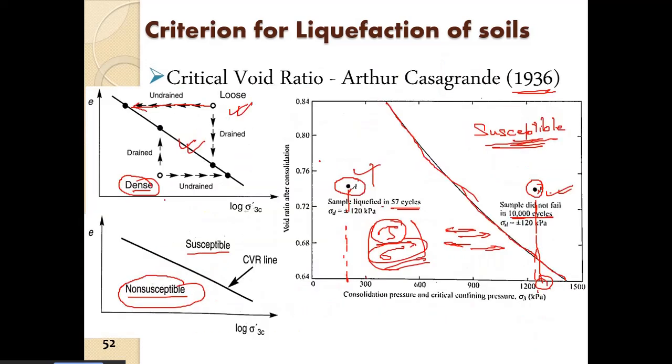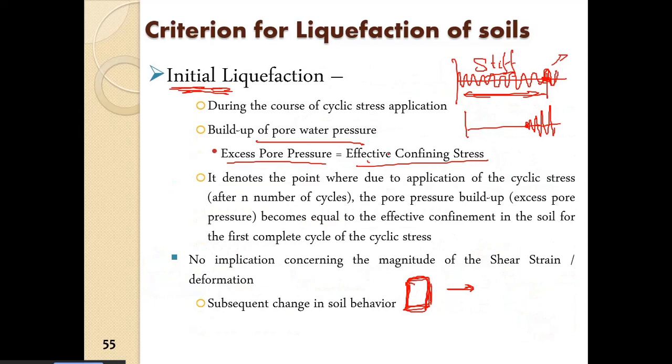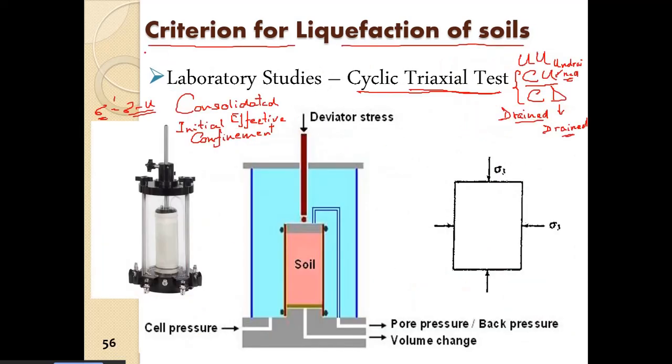In fact, in 1897, when there was the earthquake in Assam, that earthquake lasted for around 2.5 minutes. For that 2.5 minutes, whatever effect is to be considered, obviously it is a totally undrained condition. So that is why there is development of pore water pressure.